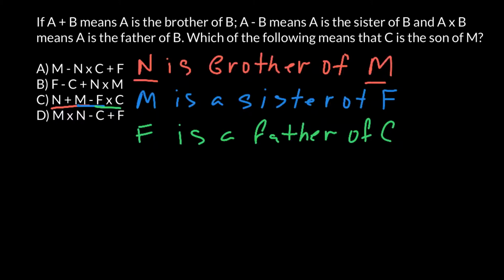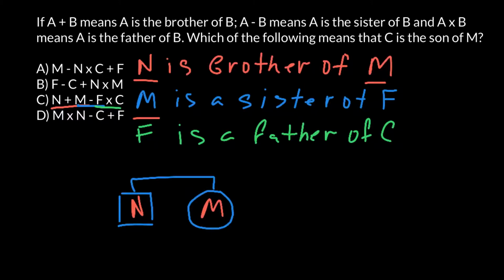N is a brother of M. So let's put a box here, and let's connect, and here we're going to have M. M is a sister, so let's put a circle. Next, M is a sister of F, and F is a father.